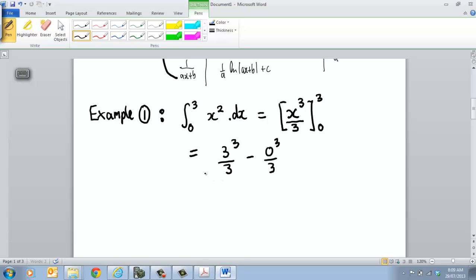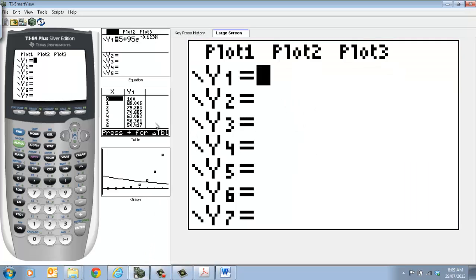Obviously this being a fairly simple example, we could basically know that 27, the top line, divided by 3 is 9, take 0, so therefore the area bound by that is actually going to be equal to 9.